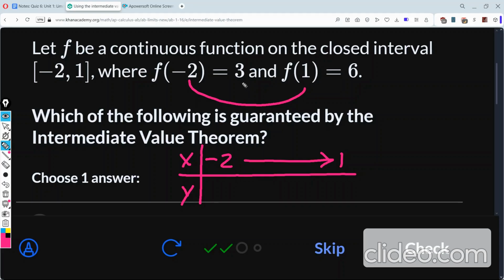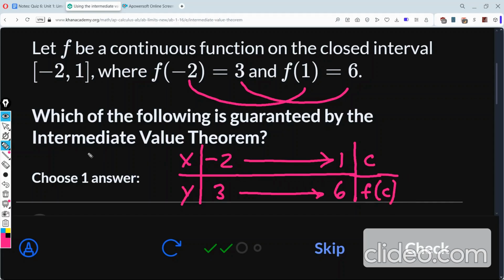And the y coordinates run from 3 to 6. Remember, 3 is with the -2, so write the 3 under the -2, and write the 6 underneath the 1. Like we said last time, in their answer choices, for x, they called it C, and for y, they called it f of C.